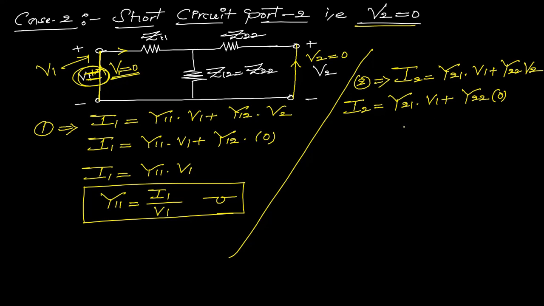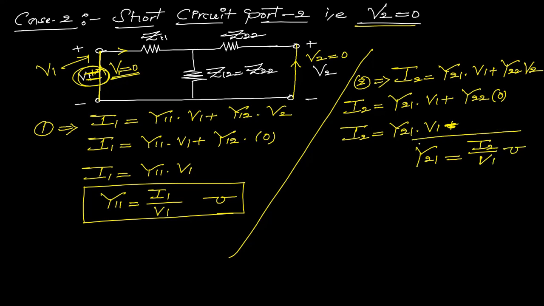Clear? So I2 is equal to Y21 V1 plus 0 into something, which is 0. That's why from this expression, Y21 is equal to I2 divided by V1, and the unit of this one is mhos. Clear? Now finally we got all the parameters.